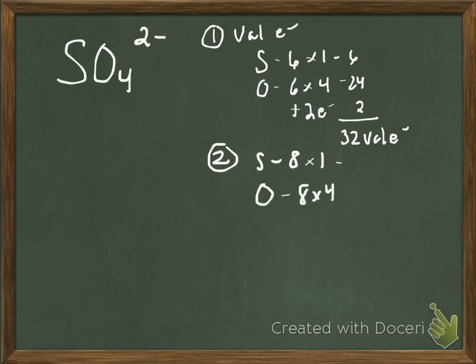We have 4 oxygens, so we get 8 and 32, or 40 octet electrons. Okay, step 3 is the same. We want 40, but we have 32. How many of these are we sharing? 8.